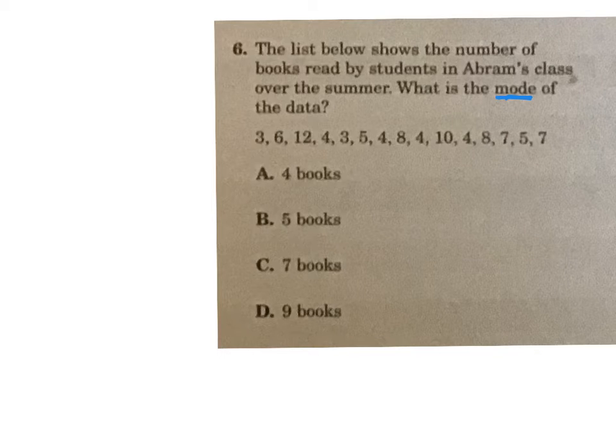So I'm going to start with the smallest number, and I think it is a 3. We have 2 3s. Then 4. I have 1, 2, 3, 4, 4 4s. Now let's go to 5s. Just 2 5s.